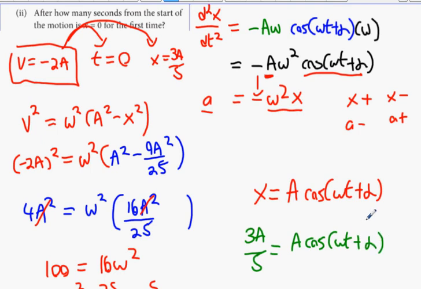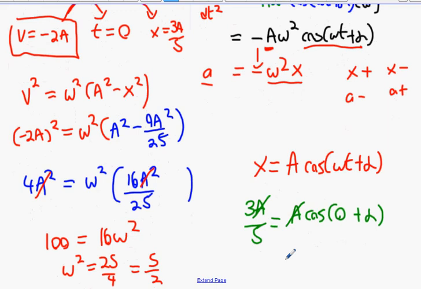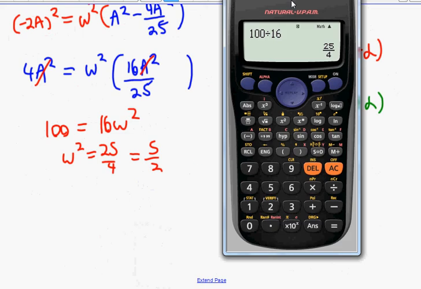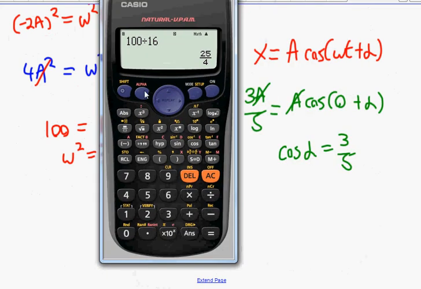Now what's the t value again? It says it here. t is 0. So omega t will therefore be 0. The a's will cancel. Cos alpha is equal to 3 over 5. Therefore, what is alpha? Am I in radians? No.